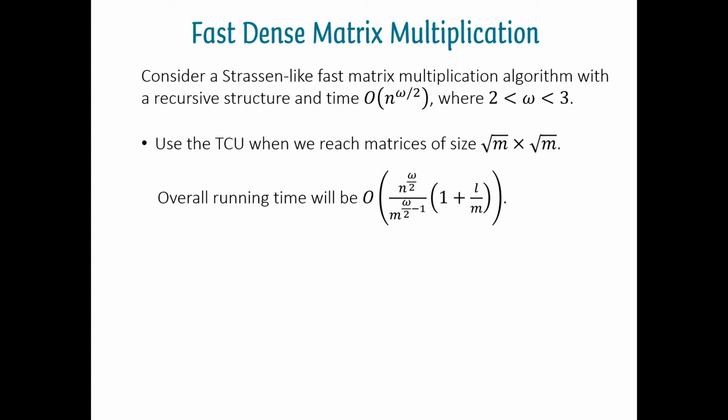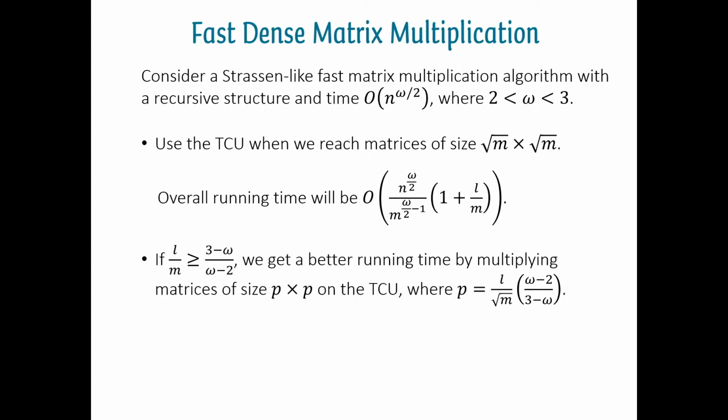But then again, depending on the relative value of L and M, you can do better than this. Instead of going to a base case of square root of m by square root of m, you can stop at some p by p if this ratio L over m is larger than 3 minus omega divided by 2 minus omega.